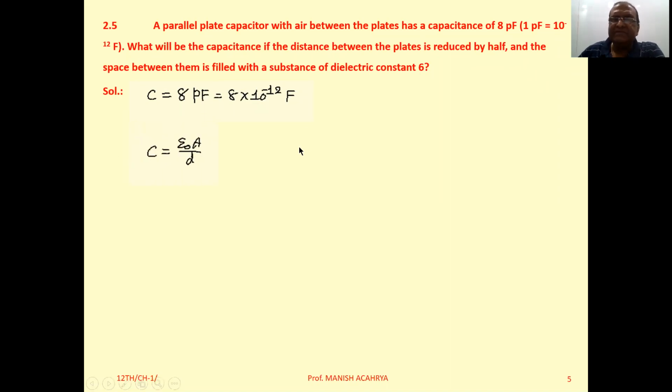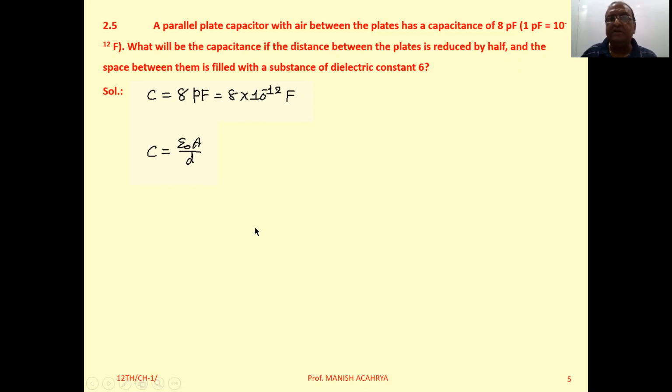Now the capacitance of a capacitor is given by the equation epsilon 0 A by D. Here the distance between the plates is reduced by half, so the distance is made D by 2. And then the dielectric substance having dielectric constant K is introduced.